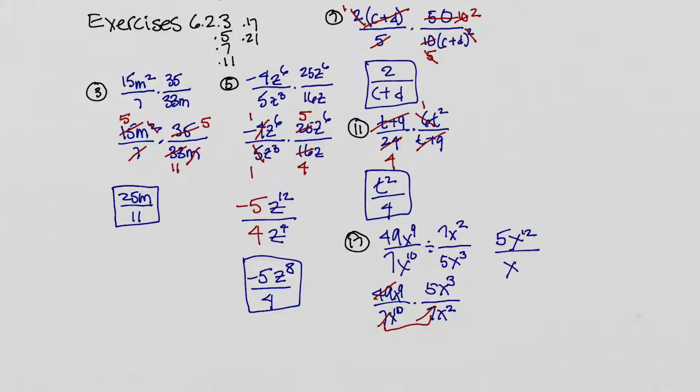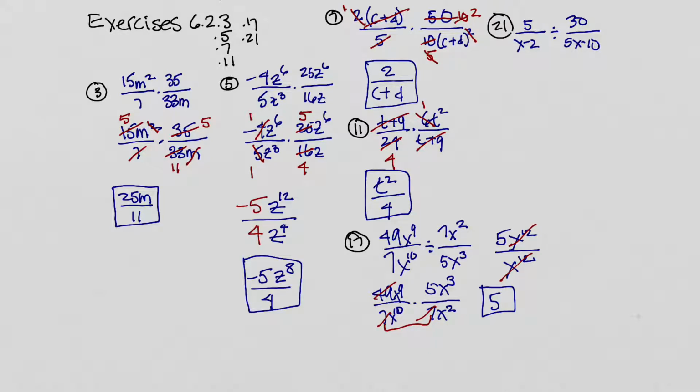So in the bottom, we've got x to the 10 plus 2, which is also 12. And then you can see that these x to the 12s are going to cancel. So we're left with just 5. So we're saying that 7x squared over 5x cubed will go into 49x to the 9th over 7x to the 10th 5 times.